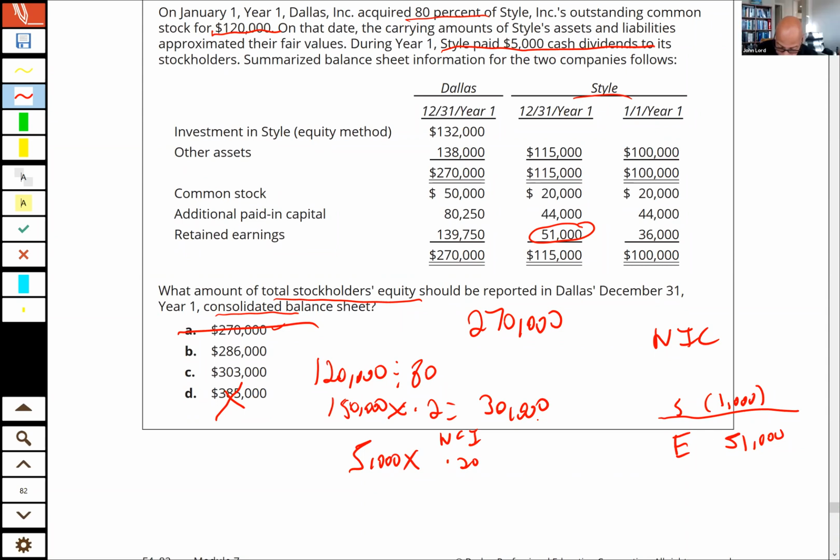I said I got 20 with the 5 and 36 from earlier in the year, with the 5,000 dividends and the 36 from the beginning of the year. I got 20,000 for net income. Yeah, but where'd you get 36 from the beginning? I got 30 from year one was 36. Oh, okay. Thank you. My bad. Now I'm back. So 36 was the beginning, right? Thank you. So 36 is the beginning.